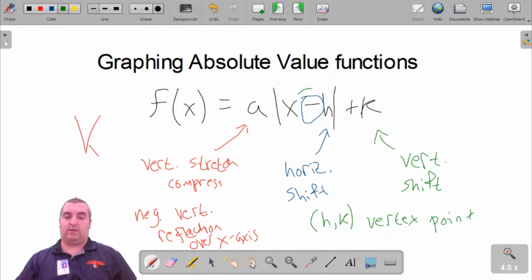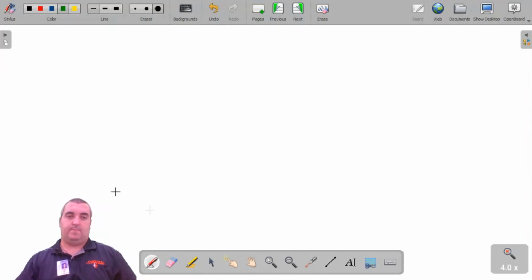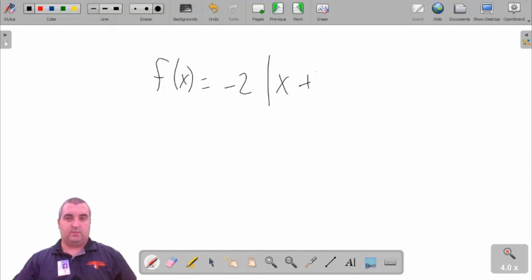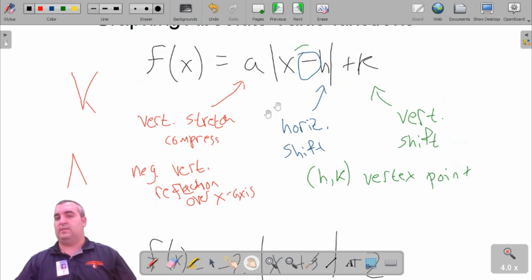Let's do a quick graph, a quick example. The example I came up with was f of x equals negative 2 times the absolute value of x plus 3, minus 2. Technically, you don't necessarily have to know these transformations to graph it.